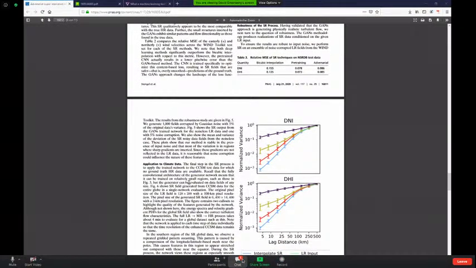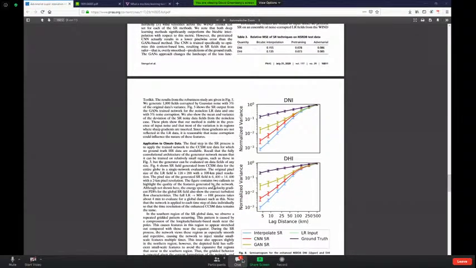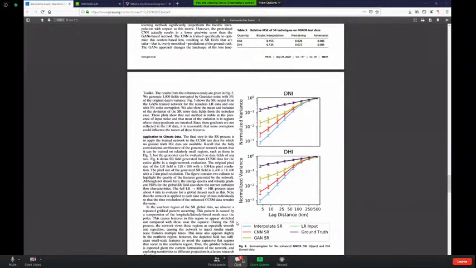It also had the correct spectrum of energy at various wave numbers, but they don't actually show all this. Here we go. Although not shown here, the energy spectra and velocity gradients for the global SR field also show the correct turbulent flow characteristics. That's a pretty big statement. I mean, it's encouraging they have thought of it and there's something to do there. But I think this is a general question.